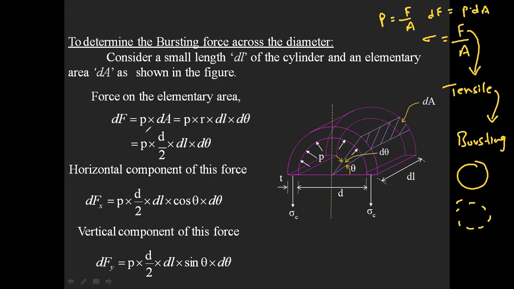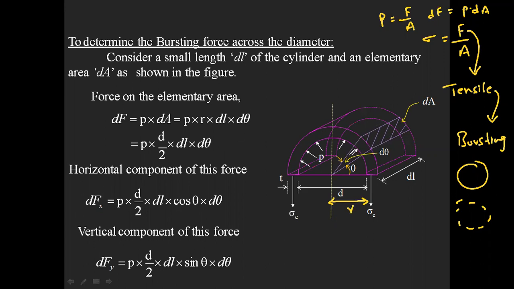What is dA? dA is nothing but the elemental area. Elemental area is dl into r, length into the radius, where this is a small r, into d theta.